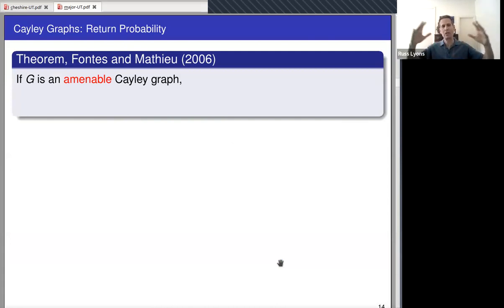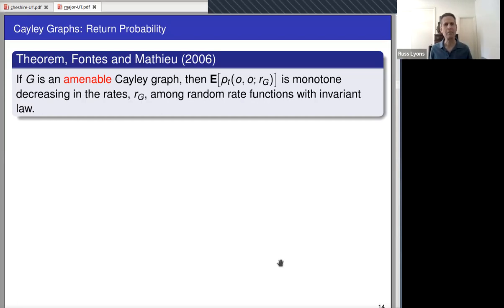There exists some sequence of sets with that property. That's what amenable means. The regular tree is not amenable. Any finite subtree of the 3-regular tree has a boundary which is roughly the same size as the whole finite subtree. So if G is amenable, then that property is indeed true.